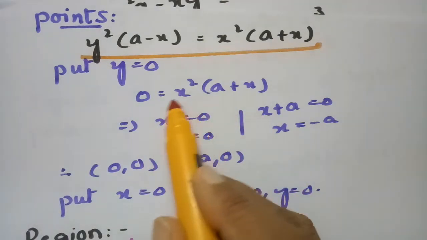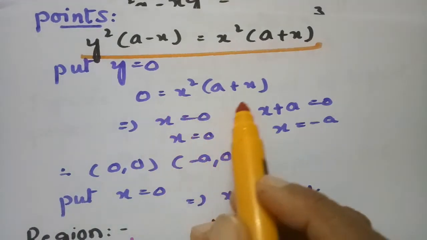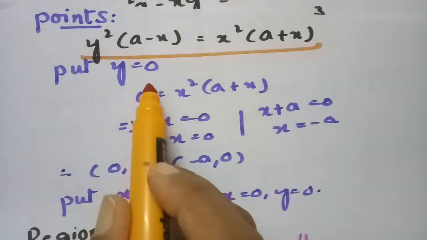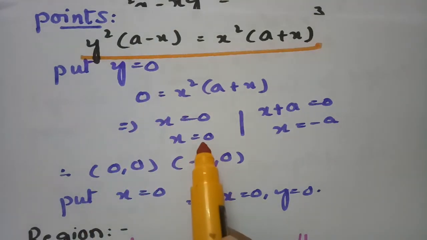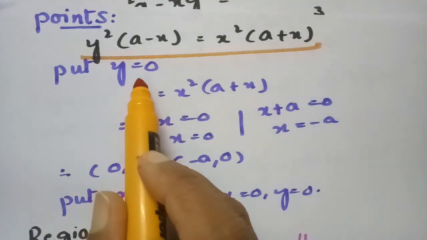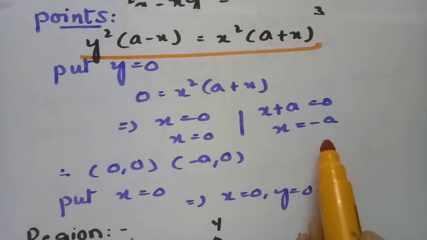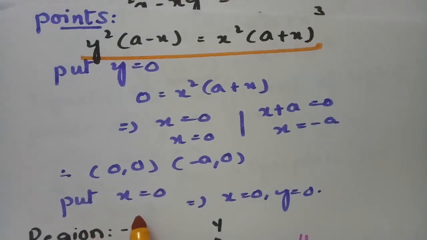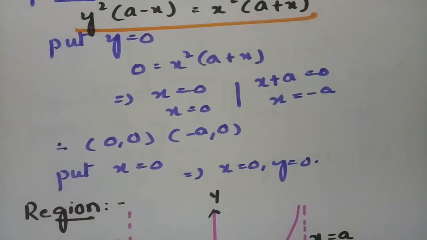So if I equate x square to 0 and I equate a plus x to 0, then x is equal to minus a. So when we keep y is equal to 0, I got the value of x as 0, and I got x as minus a. So these are minus a comma 0 and 0 comma 0. And if I keep x is equal to 0, it is obvious that y is equal to 0.